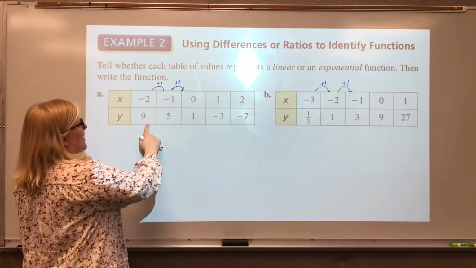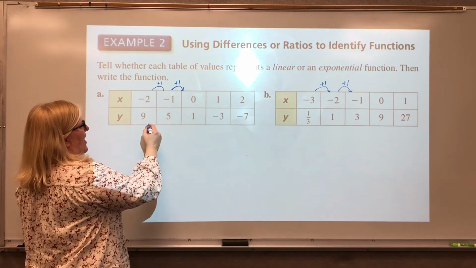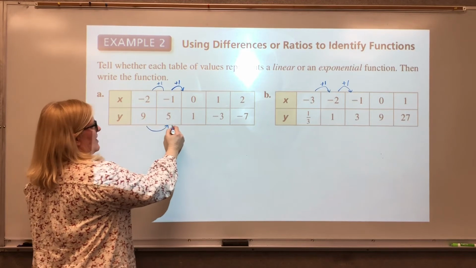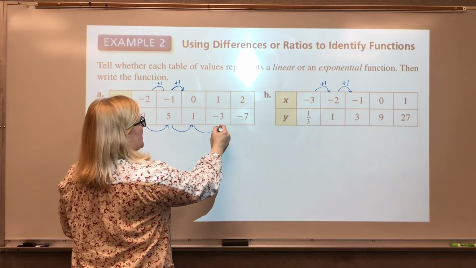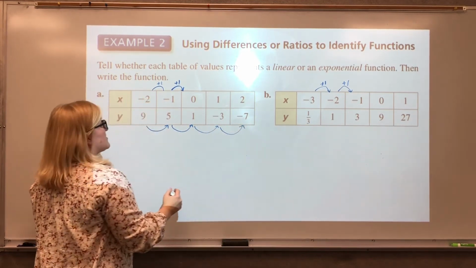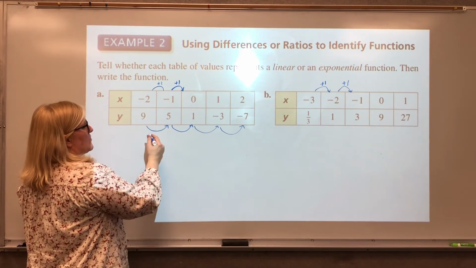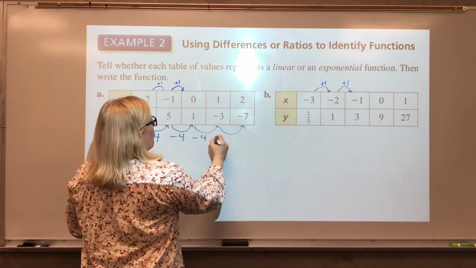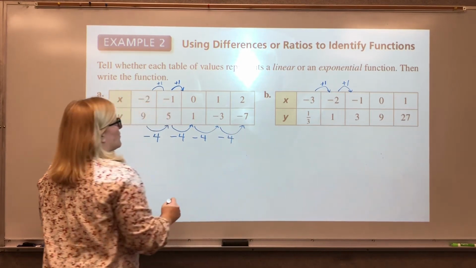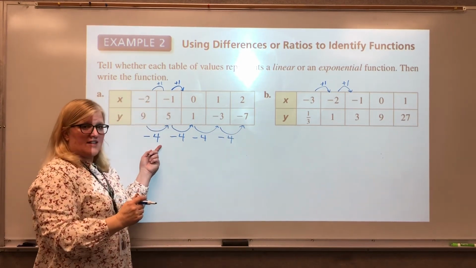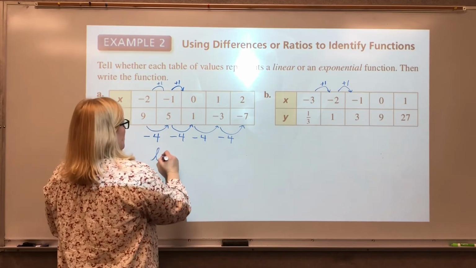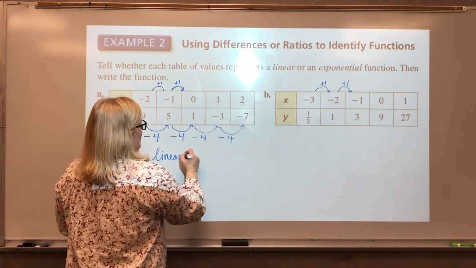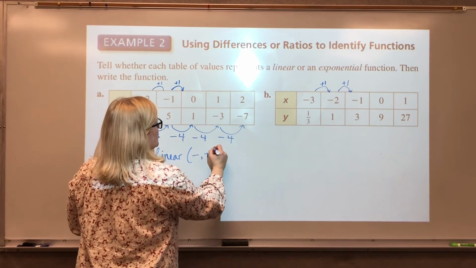Okay, now here we're going from 9 to 5, and then 5 to 1, 1 to -3, and -3 to -7. And if you look, you can tell that each one of these is being subtracted by 4. Okay, and because it's subtraction, it is linear. And linear deals with subtraction and addition.